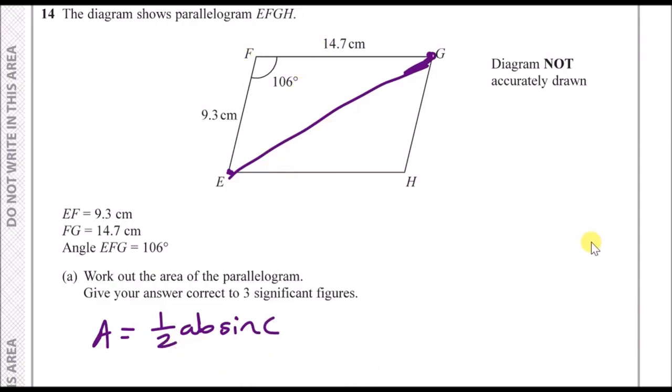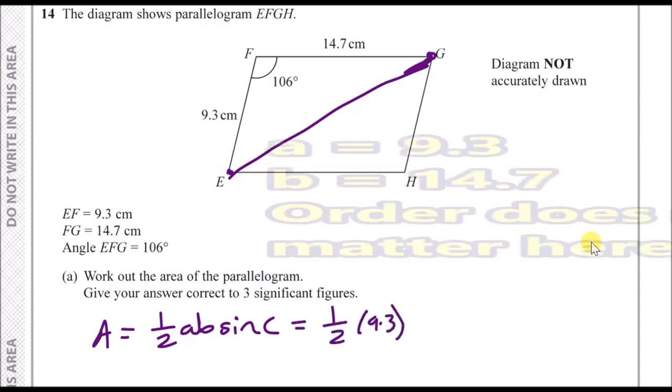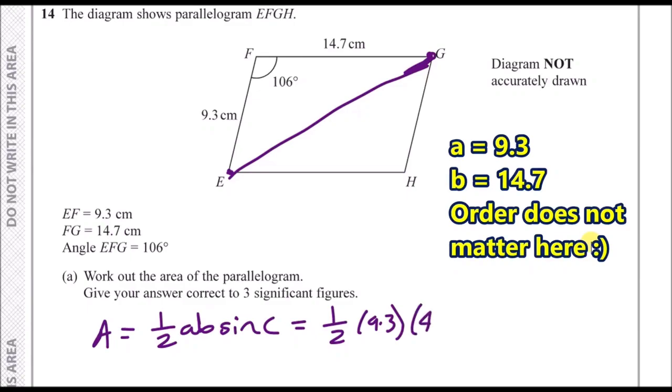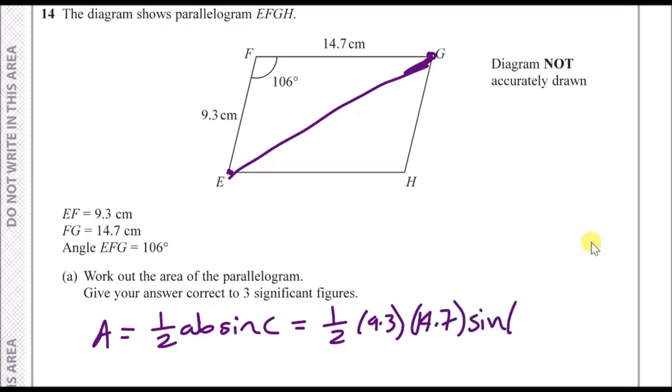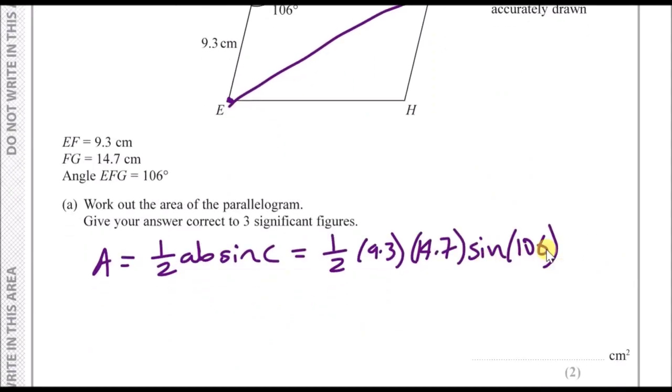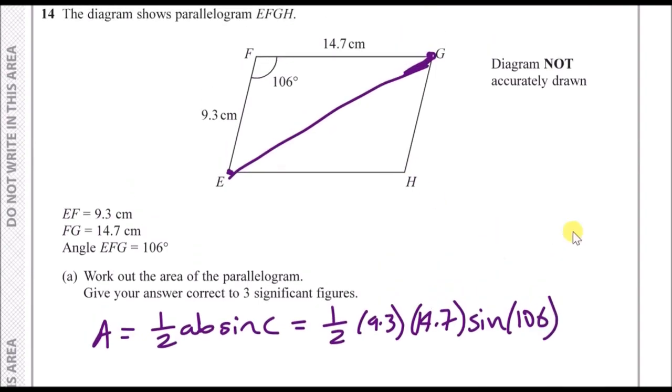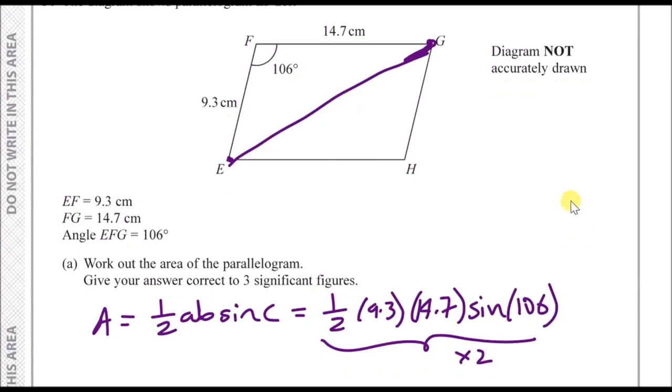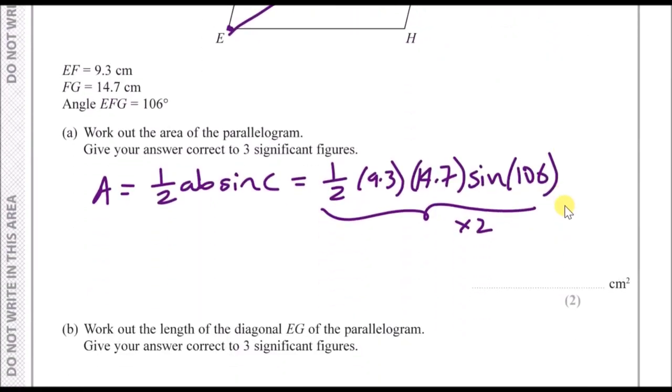This means that the answer is half times 9.3 times 14.7 times sine 106. Put this in your calculator and then double your answer because you want to find both of these triangles. So basically all of this times 2, and doing that you should get an answer of approximately 131 centimeters squared.